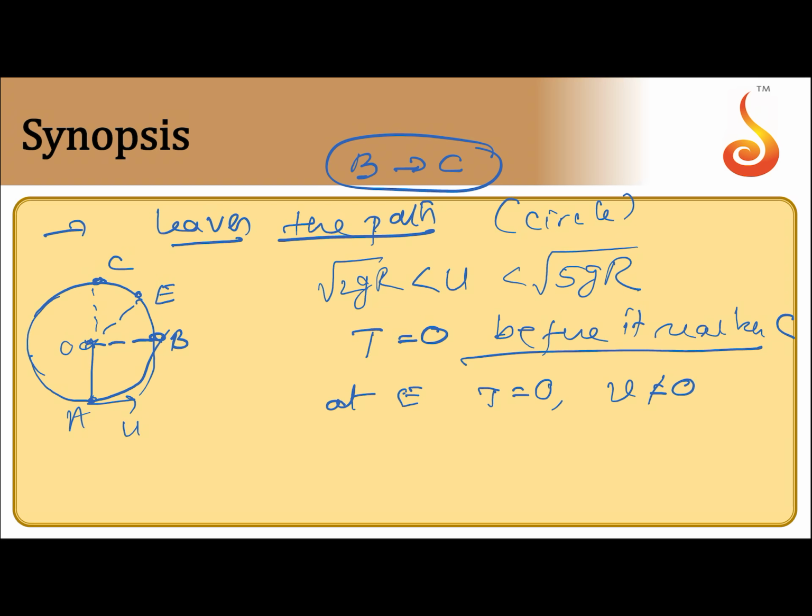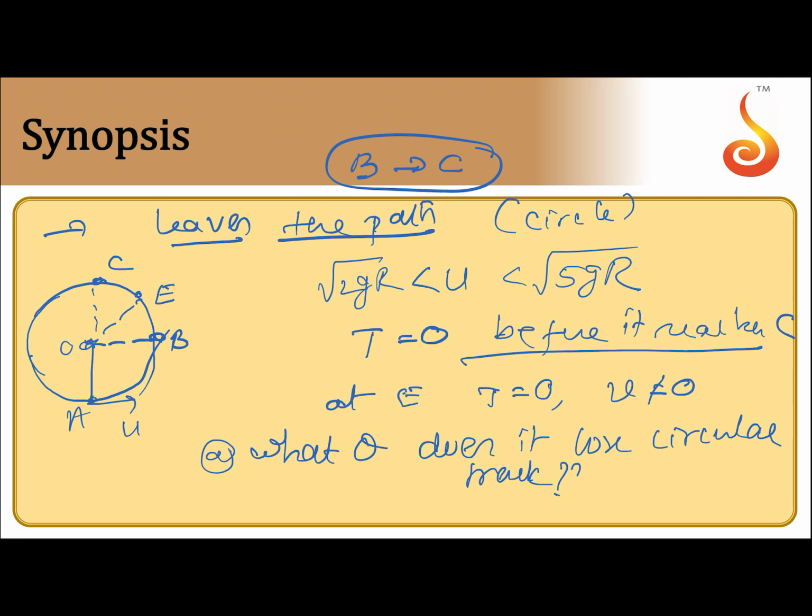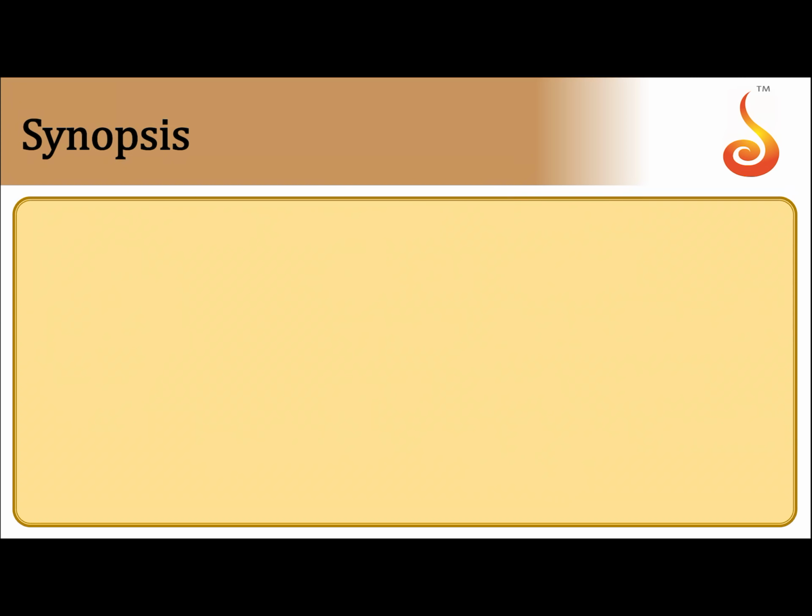Now, how to find out at what angle, at what theta, does it lose circular track? It is given by the following equation. Remember, cos theta is equal to u square minus 2gr divided by 3gr, and theta is measured from the vertical line, of course.